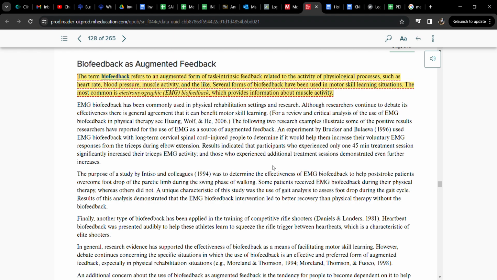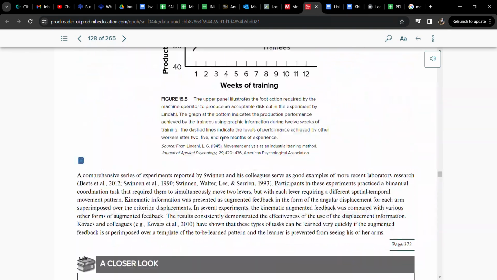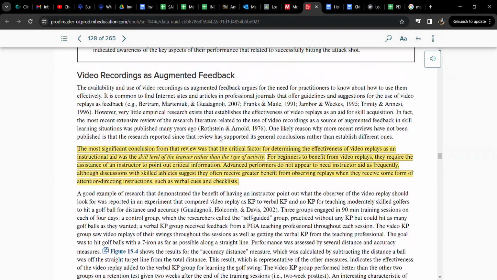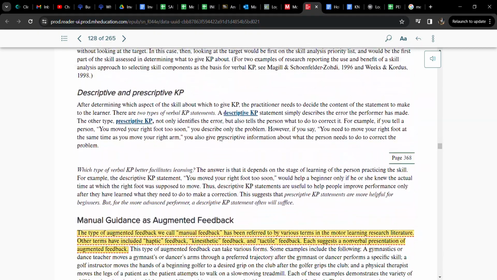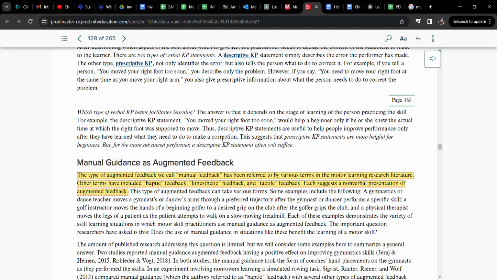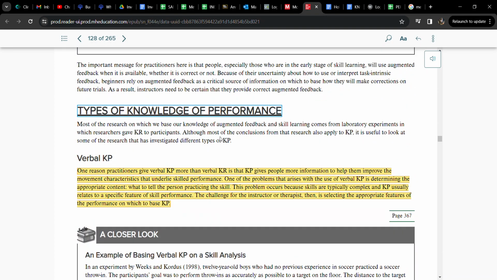So if we're breaking back down augmented feedback, we're looking at things that you can do physically, like biofeedback. We're also looking at tactile feedback, or video as a means of providing visual components, right? We're looking at how someone can manually guide you through motion. We're also looking at verbal knowledge of performance as well. So when you're providing feedback to someone, it's not just verbal.